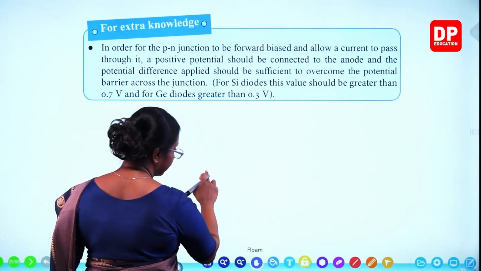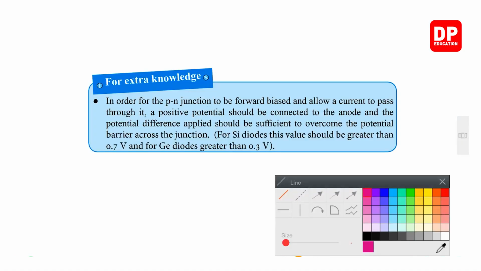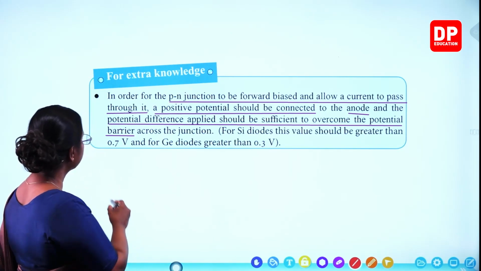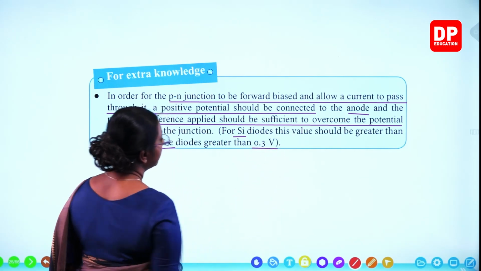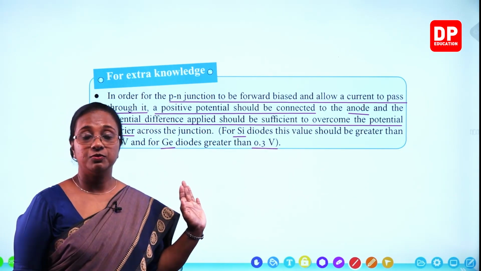So this is what we discussed before. Here you can see the same points. So we have already discussed for silicon it is 0.7 and for germanium it is 0.3 volts. So that is what we discussed before.